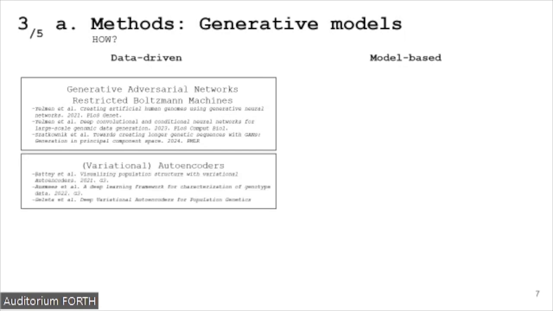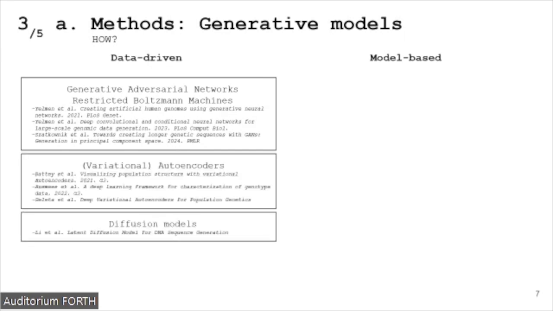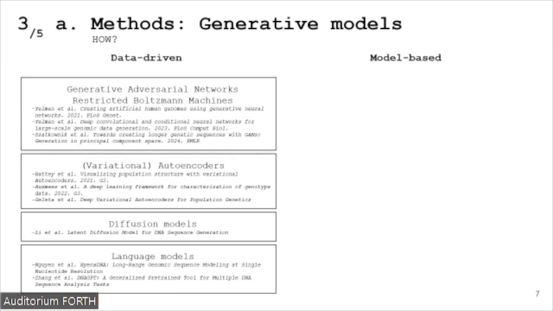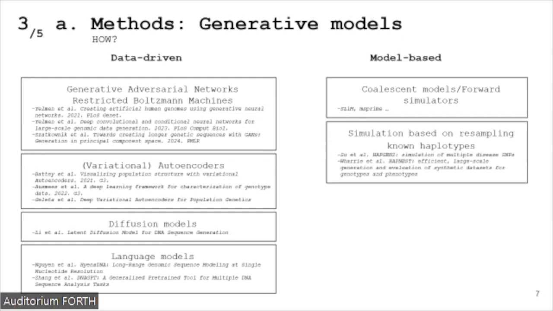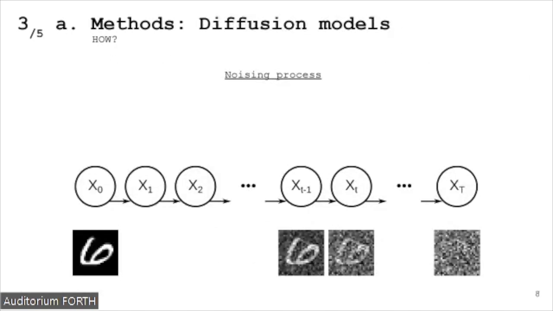And you also have autoencoders, diffusion models, language models. In the model-based ones, you have coalescent and forward simulators. And you also have some simulation based on the chunking of haplotypes and shuffling them together. And so we chose the diffusion model to generate our genomic data.